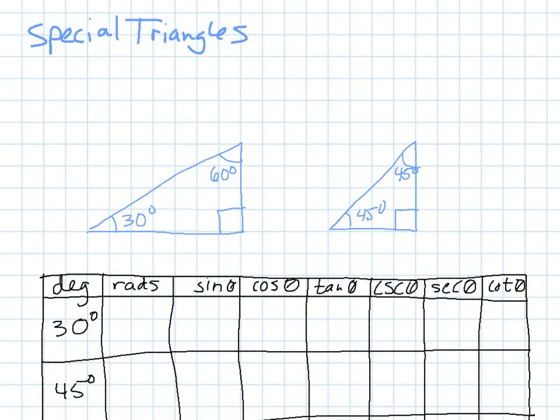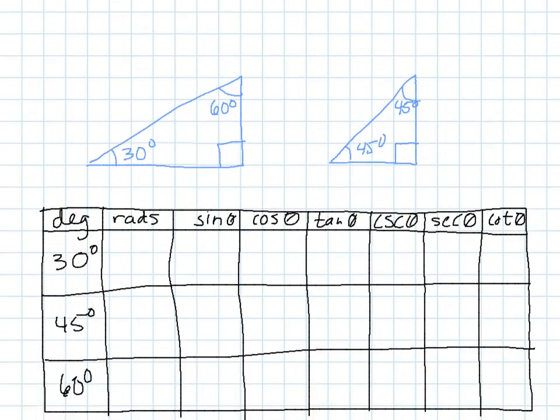Now here we need to talk about special triangles. Now there are 2 special triangles. You have a 30-60-90 triangle and a 45-45-90 triangle. So let's say that this side over here is 1. Okay. Now usually with a 30-60-90 triangle, the hypotenuse is double the shortest side.